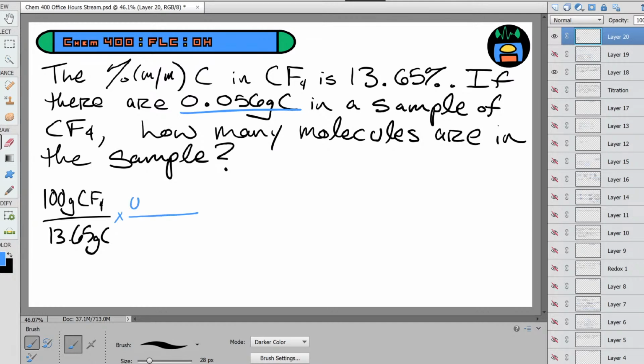So if you multiply this by your mass of carbon, grams of carbon cancel. And the reason why this helps us is now the only unit is grams of CF4. And notice, we're trying to find how many molecules we're trying to find. Oops.